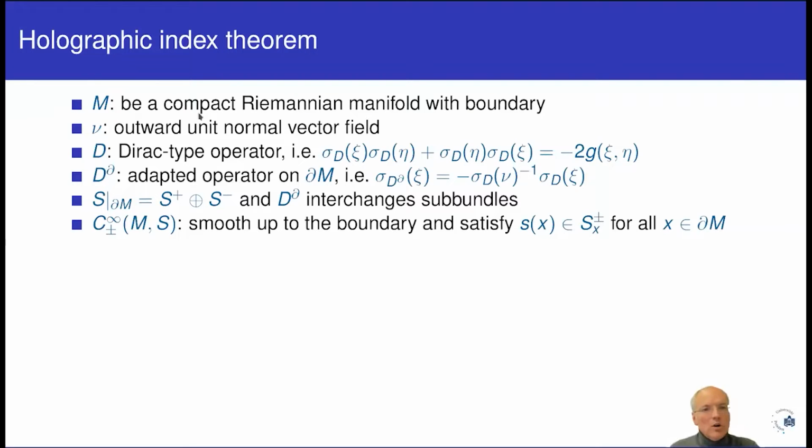Again, we look at a compact Riemannian manifold with boundary M. Now we have just one metric. We look at its outward unit normal vector field nu, and then we have any Dirac type operator acting on a vector bundle over this manifold M. So Dirac type is like the largest class of Dirac operators that you can consider.